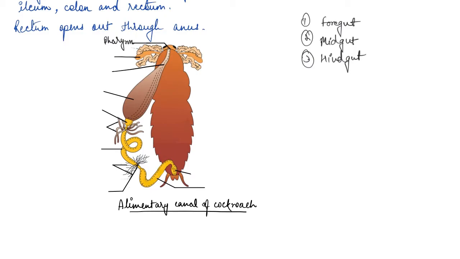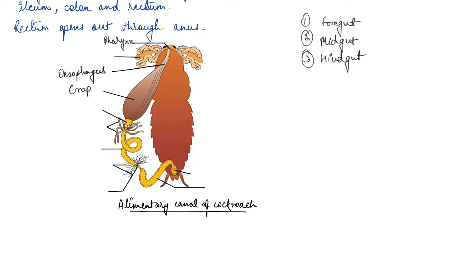Now this pharynx leads to a narrow tubular passage, and this is esophagus. Now this esophagus opens into a sac-like structure which is known as crop.